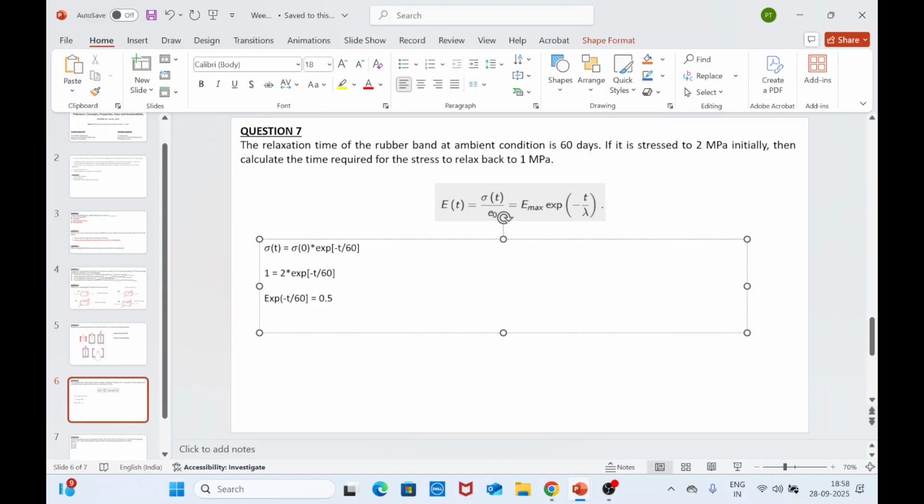So minus t by 60 equals ln 0.5, or you can say t by 60 equals ln 2.